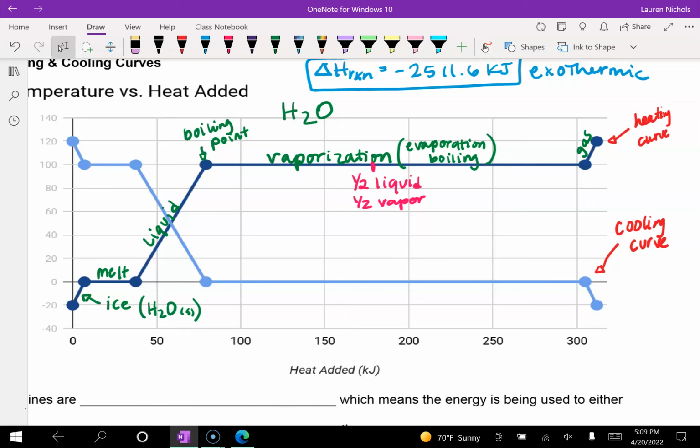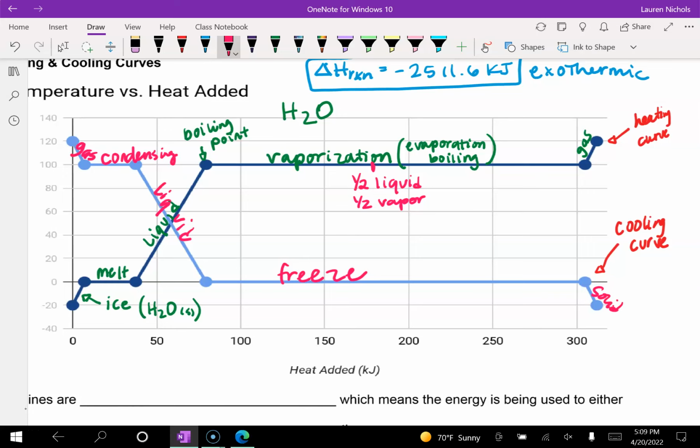With the cooling curve, you're starting off at a high temperature, so that means you're starting off as a gas. You're condensing once you get to that boiling point, except you're reversing it. Then you still have a liquid. Then you begin to freeze and you get a solid.